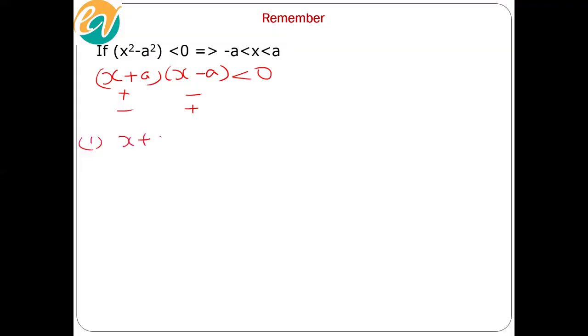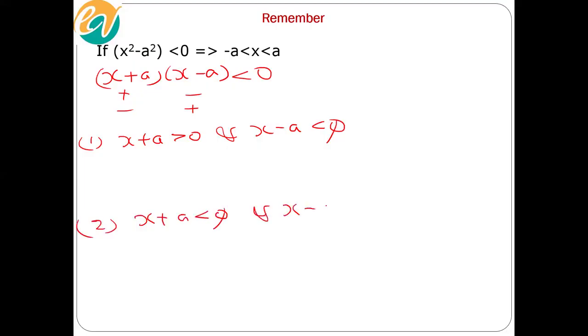Case one would be x plus a is positive and x minus a is negative. Case two will be when x plus a is negative and x minus a is positive. So here what do we get, friends? x is greater than minus a and x is lesser than a.